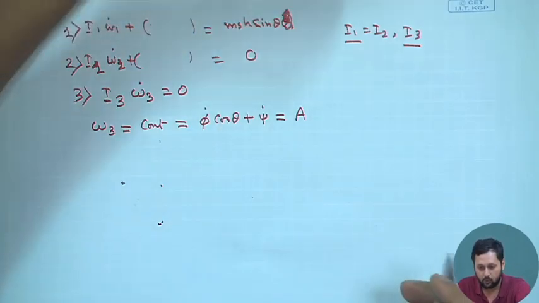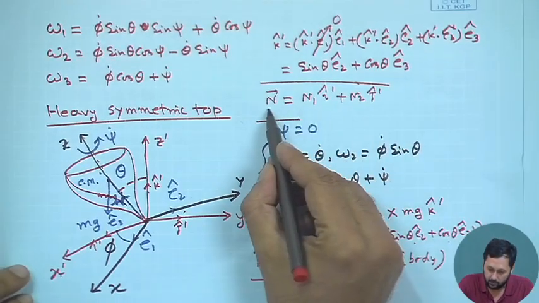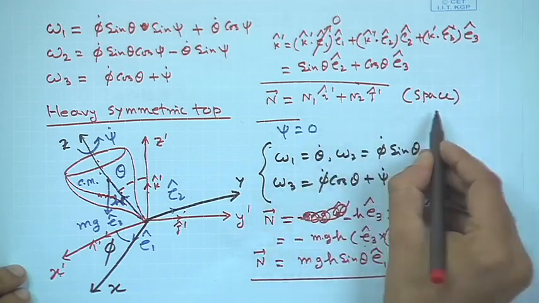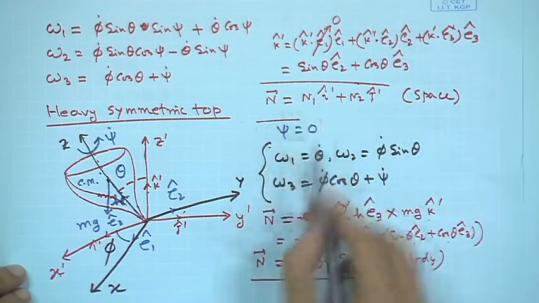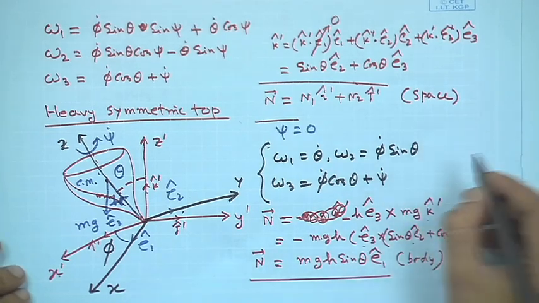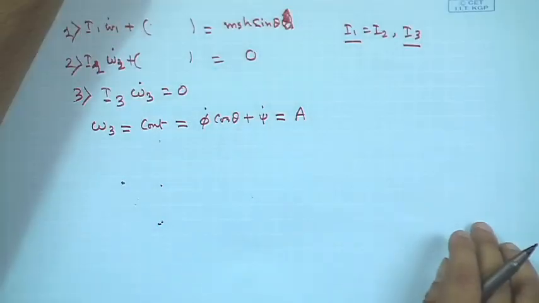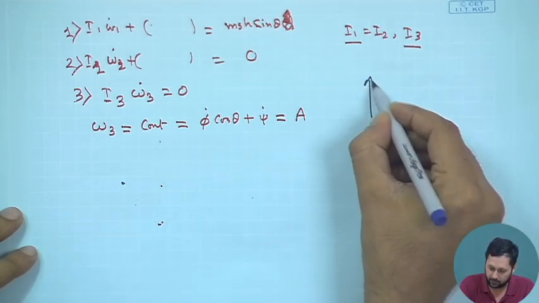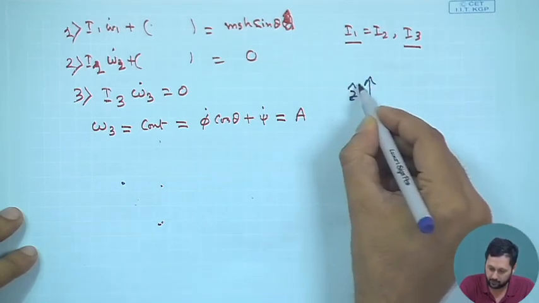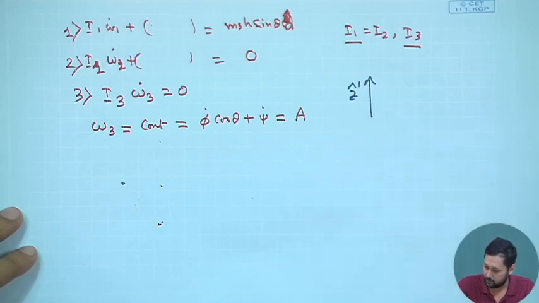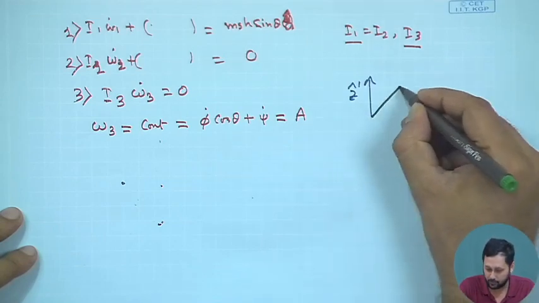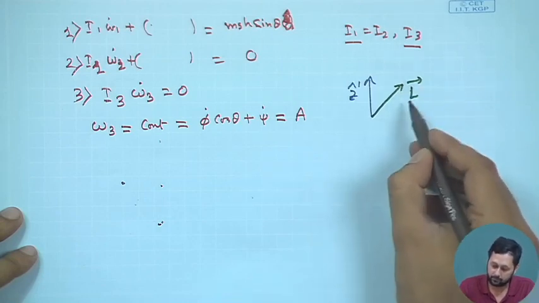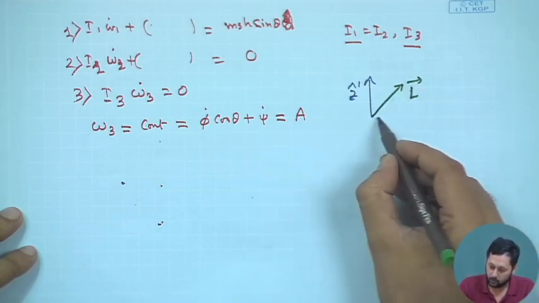Now, look at this once again. When we look from the space set of frame, there is no component of torque along Z. So, let us say if this is your space Z, which is Z prime, and let us say this is your angular momentum L. The angular momentum changes because there are torques in the xy plane.